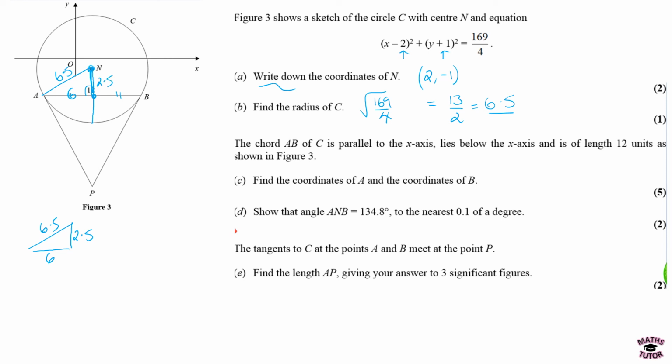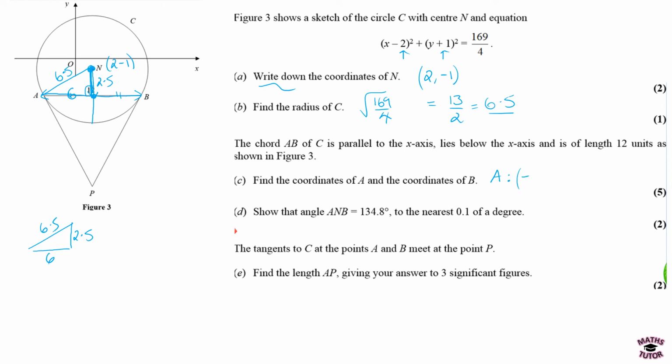Now I know that the center N is 2, minus 1. So in order to get to A, from the center, if I just go down 2.5 and then across 6 to get to A and across 6 to get to B. So A is going to be the coordinate going from 2 back 6.